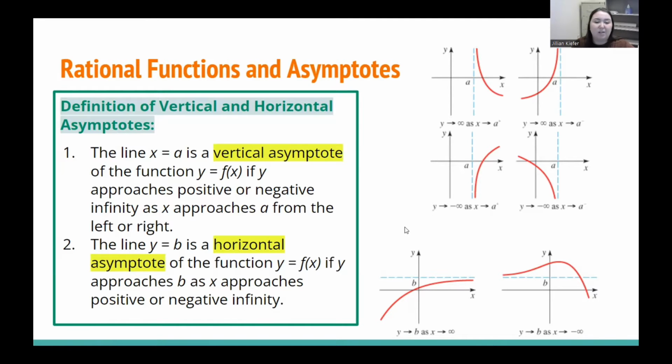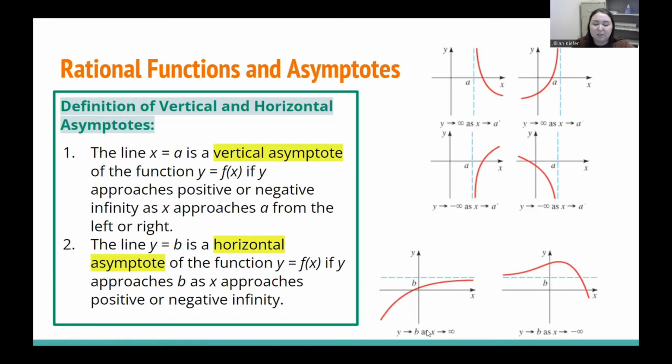Then we have horizontal asymptotes. So we see the line y equals b as a horizontal asymptote of the function y equals f of x, a typical function, if y approaches b as x approaches positive or negative infinity. So these two pictures kind of represent horizontal asymptotes, and two kinds for that matter.